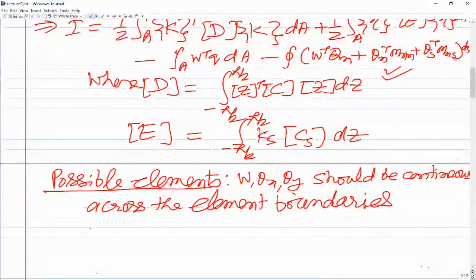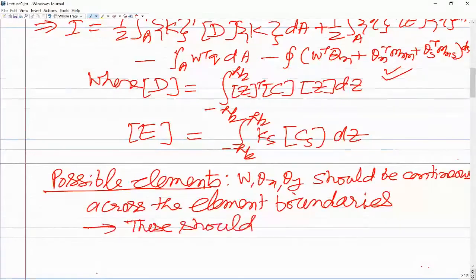And this implies the first requirement is that these should be nodal degrees of freedom. Then of course we have to ensure that the compatibility conditions are satisfied. That means w, theta x, theta y should be nodal degrees of freedom.